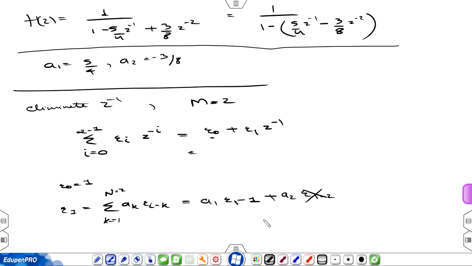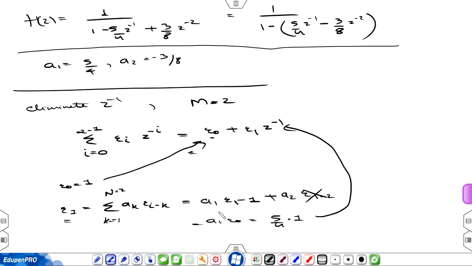This is 0 because for negative values r is 0, so this is a1 r_0, and that is equal to 5 by 4, as r_0 is 1. Okay, so r_1 is calculated. So putting R0 and R1 into the transfer function equation, I have 1 plus 5 by 4 z^-1, and this was the term that I had multiplied in numerator and denominator.